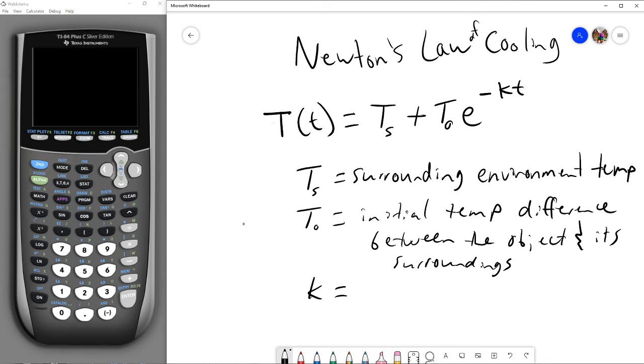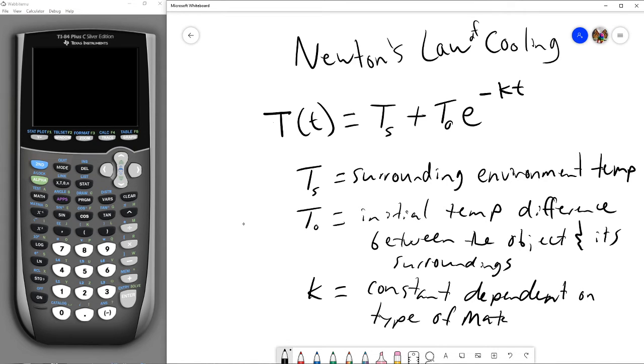What k is, it's going to be a constant dependent upon the type of material we're dealing with. So this is dependent on the type of material. So k will change depending whether you have a turkey that's cooling down fresh out of the oven, or if it's like a cup of coffee cooling down, and then like a can of soda, that will have a different k value as well.